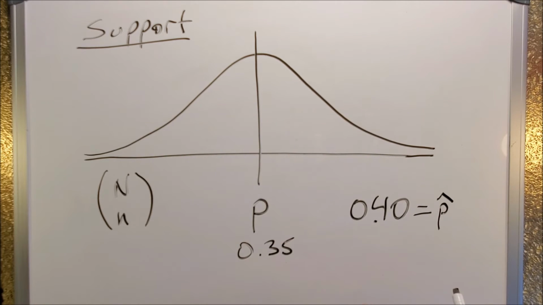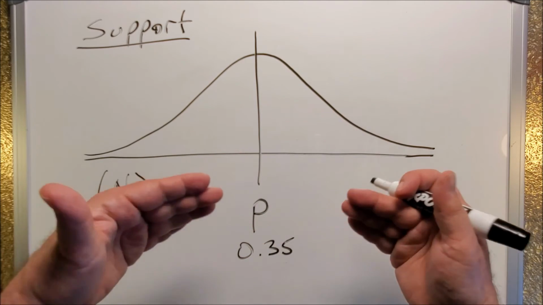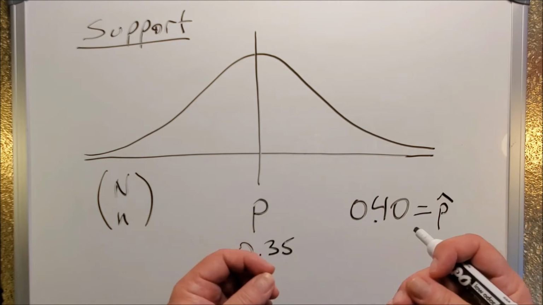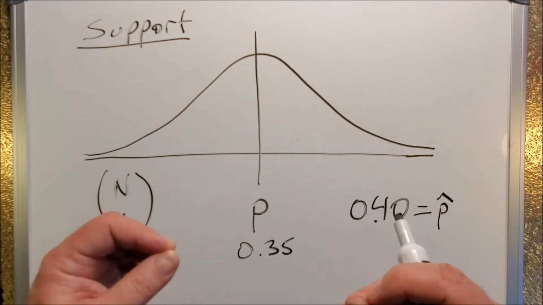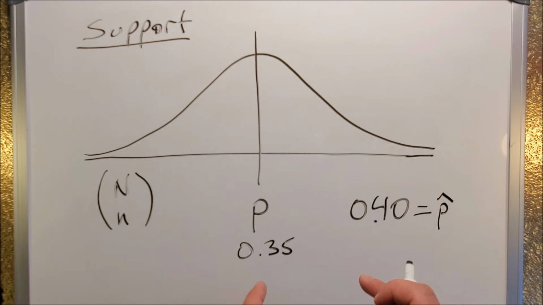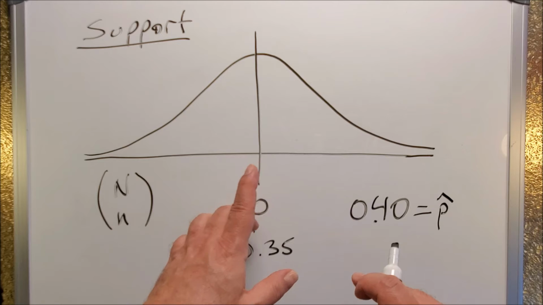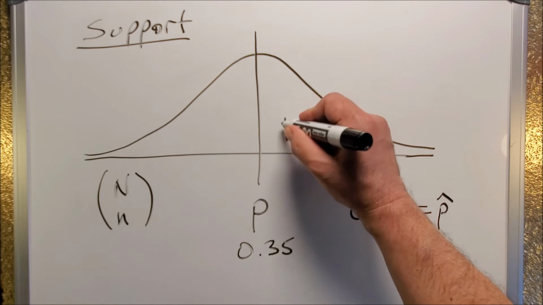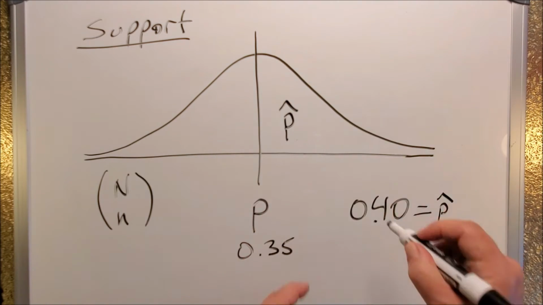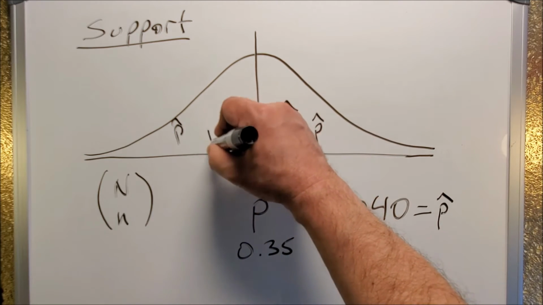And when we graph them, despite the asymmetry of P that exists within the parent population, assuming we follow certain rules, again, coming up on that really soon, it's still going to result in a symmetrical distribution. In fact, not just symmetrical, but normal. Okay? In terms of visualization, this thing is made of all the many P hats.